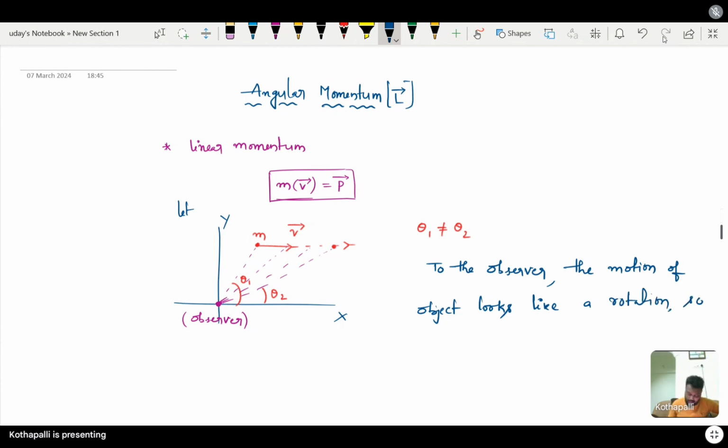So this linear momentum with respect to the observer will be angular momentum.